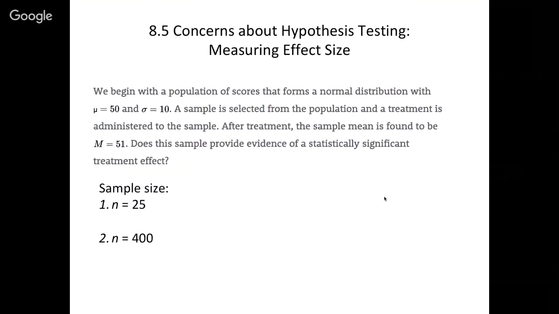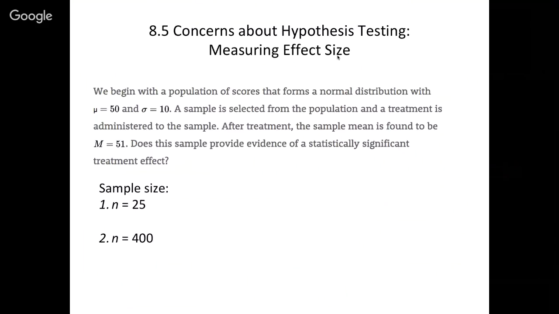Okay, let's introduce the last sim of this chapter. No, not the last sim, sorry. Effect size, a new concept called effect size. So in hypothesis testing, right, we test whether or not we have a significant effect.